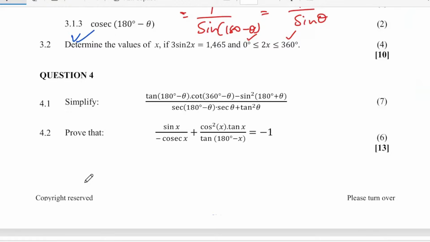Question number 4, they want us to simplify this trig. Okay, so with reductions. Let me just write it on this other side, maybe to make a lot of sense.